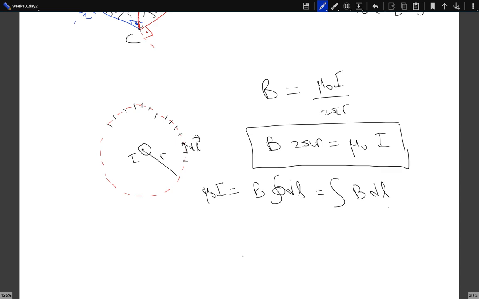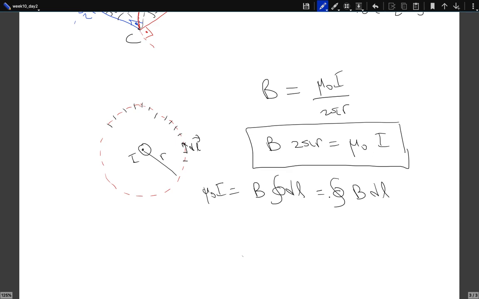Well, now let's see. I have a vector dl whose magnitude is this number. Now at this point I have another vector, the magnetic field vector, whose magnitude is this number. And at this point, on this segment, B and dl are pointing in the same direction. So if I take the scalar product of these two vectors pointing in the same direction, their scalar product is just the product of the magnitudes.